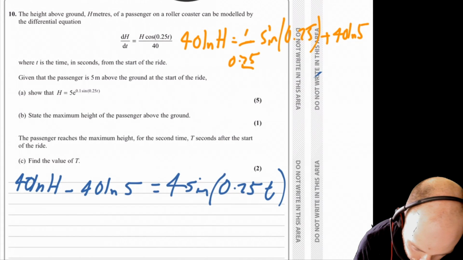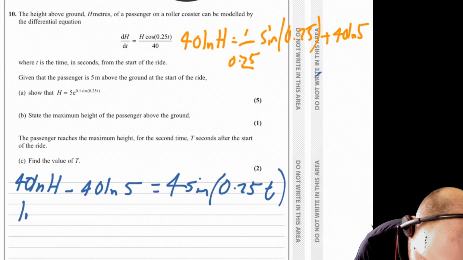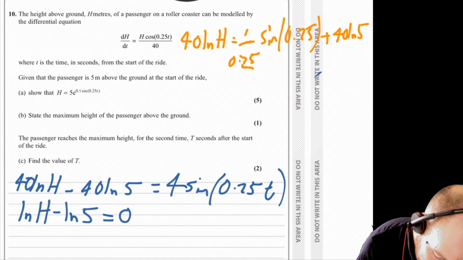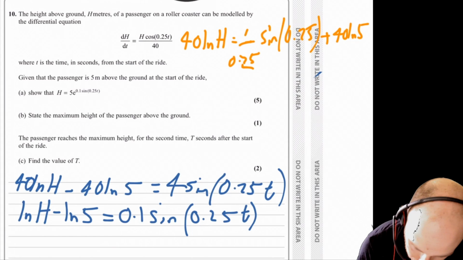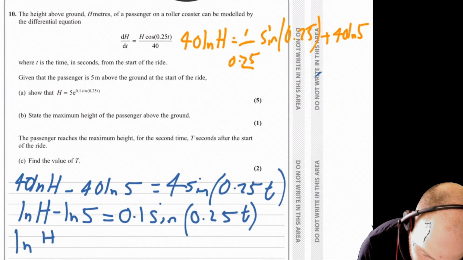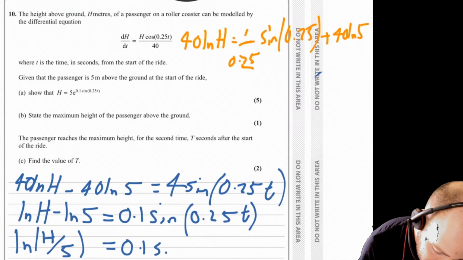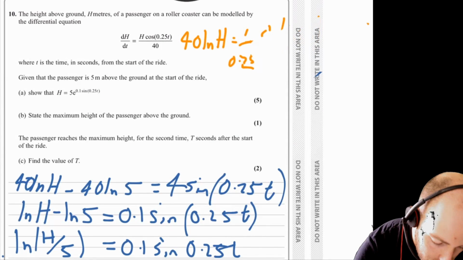Okay, so we can divide both sides by 40 to get 4 over 40, or 0.1. So ln h minus ln 5 is 0.1 sine 0.25t. Combine those, ln of h over 5 is 0.1 sine 0.25t.